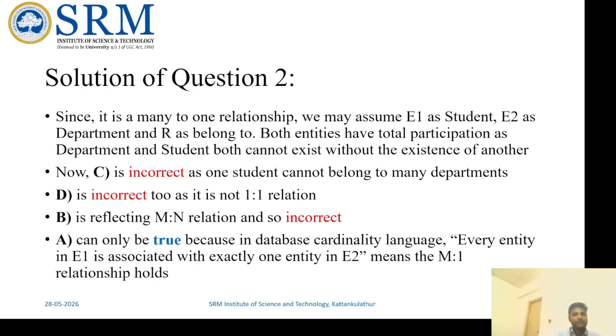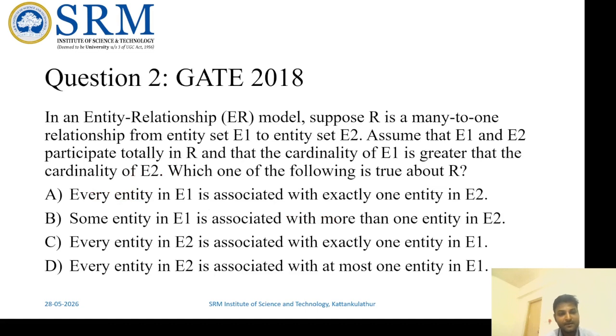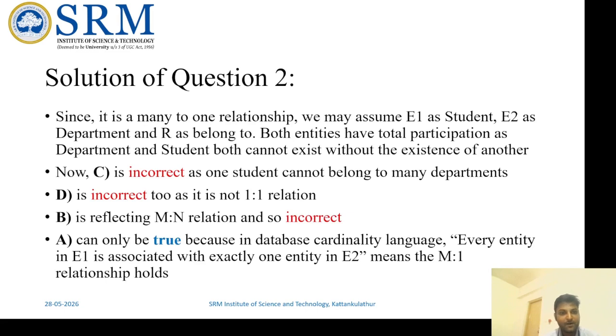So it is incorrect because one student cannot belong to many departments according to our example. Similarly, if we say D, every entity in E2 is associated with at most one entity in E1, so it is a one-to-one relationship, because every entity will be mapped to one and only one entity in E2.